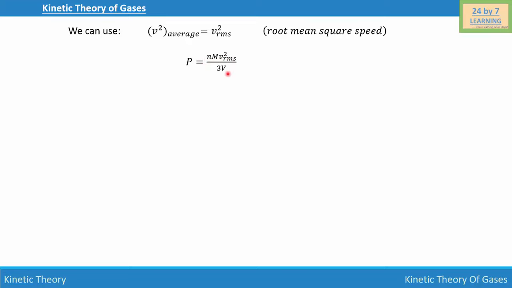And we know that the root mean square speed of the gas is given as v RMS equals the square root of 3RT over M, where R is the gas constant, T is the temperature, and M is the molar mass, and v RMS is the root mean square speed or velocity. And this is how we define the kinetic theory of gases.